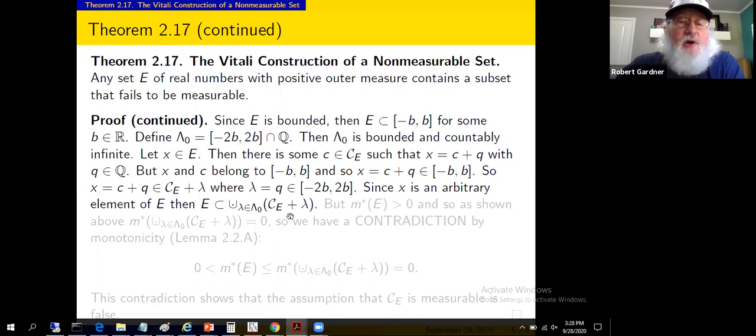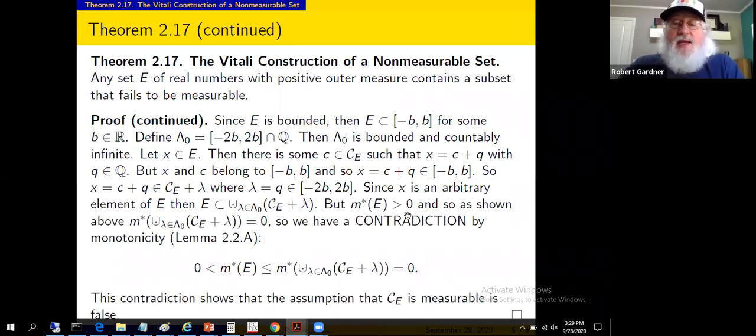Since x was an arbitrary element of E, and we just showed that x is in C sub E plus lambda for some lambda in this set, capital lambda sub 0, then we've shown E is a subset of the union of these translates of the C sub E's. Now we got into this assuming the outer measure of E was positive.